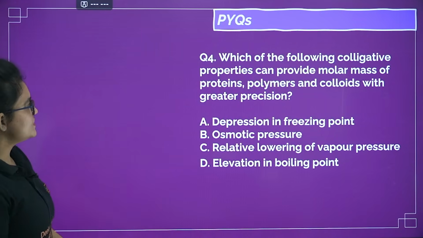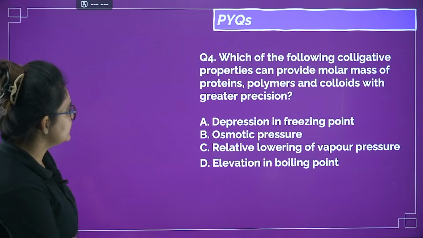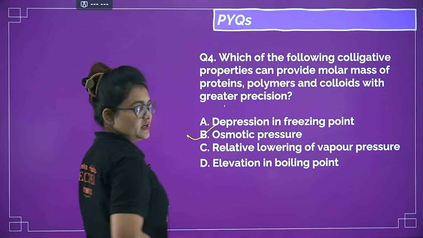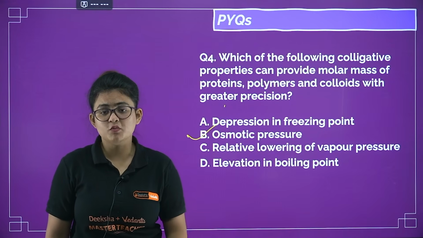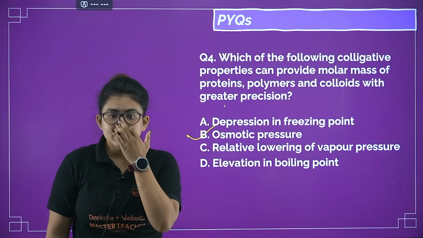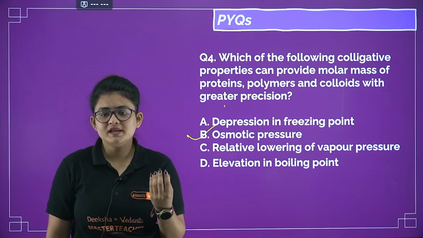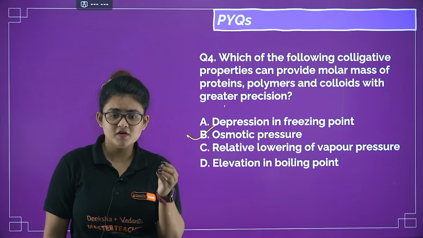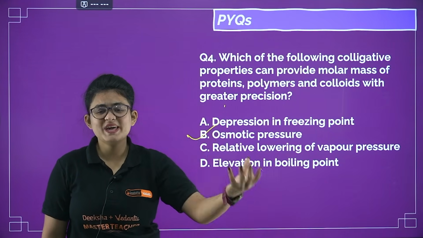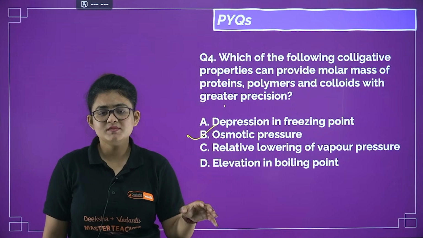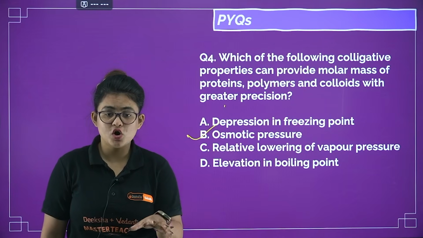Which of the following colligative properties can provide the molar mass of proteins, polymers and colloids with greater precision? That's going to be osmotic pressure, my dear. This is a very important question; sometimes they ask this type of question, why osmotic pressure? Depression in freezing point and elevation in boiling point are temperature dependent, right? You have to vary the temperature. Whenever you are dealing with very big biomolecules, they are very temperature sensitive; they can break down at high or low temperature.